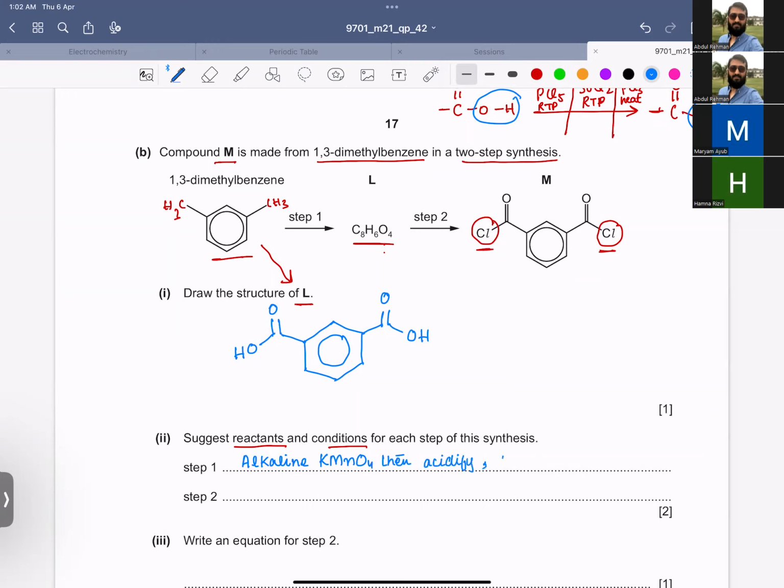And the other condition for this reaction is to heat under reflux.